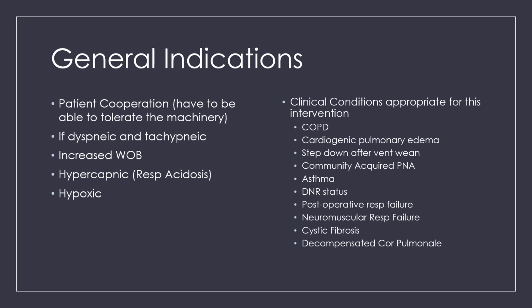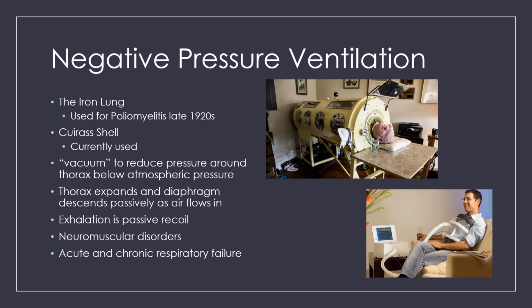So negative pressure ventilation. The iron lung was the first of these that was used in poliomyelitis in the late 20s and on. The Cura shell is a currently used component of a negative pressure, and that's in this photo at the bottom here. Basically, in both of these cases, what happens is that there's a vacuum to reduce the pressure around the thorax below the atmospheric pressure.